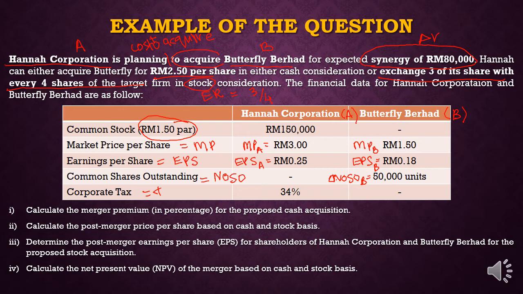The third question is to determine the post-merger earning per share, EPS, for shareholders of Hana Corporation and Butterfly Berhad for the proposed stock acquisition. The last one is to calculate the net present value, NPV, of the merger based on cash and stock basis.